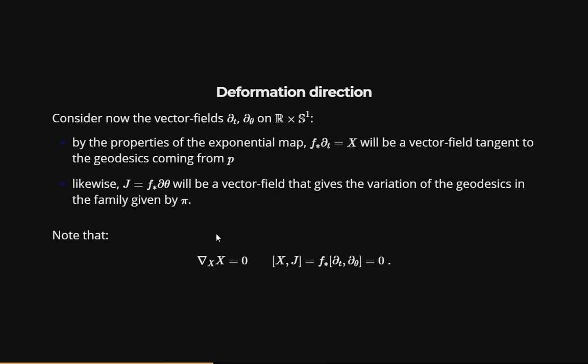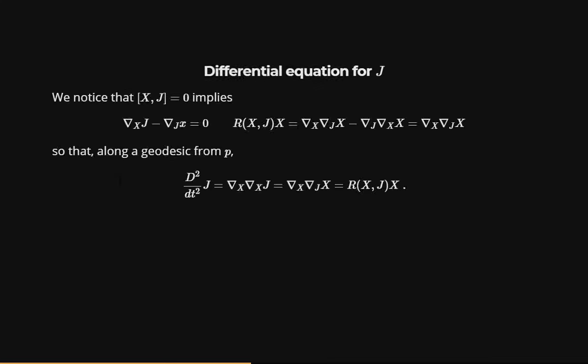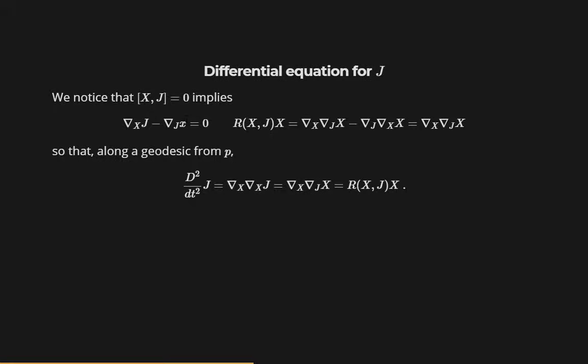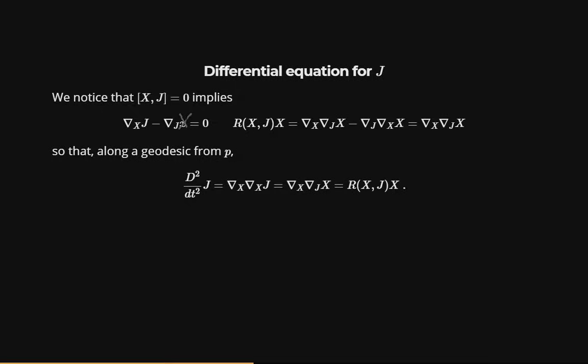So the field X is okay. Now, we would like to describe the field J. The fact that X and J commute implies, first of all, that XJ minus JX is 0.